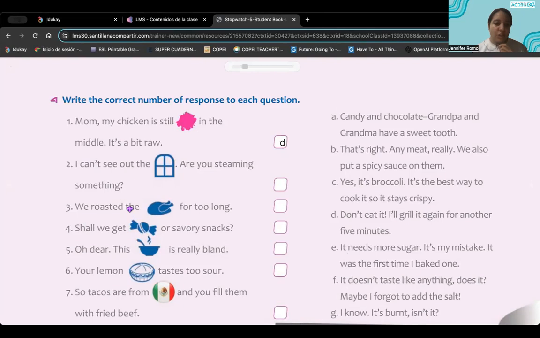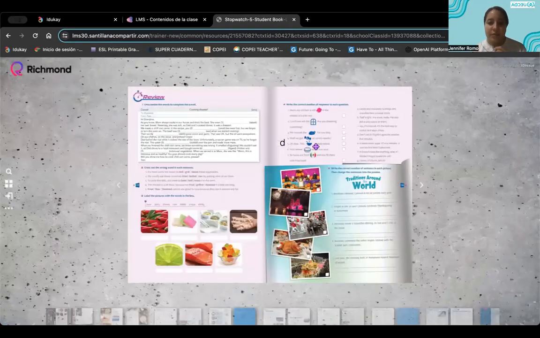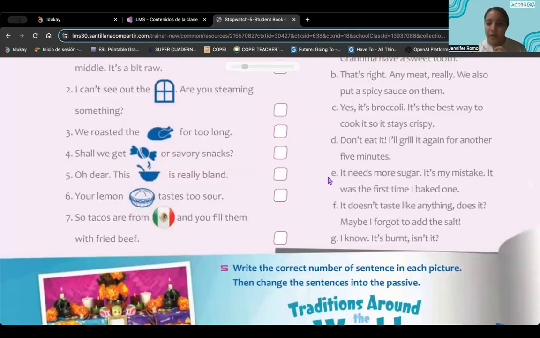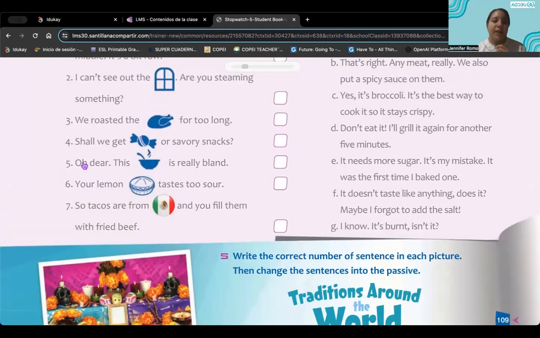Then we have, shall we get candy or savory snacks? Deberíamos nosotros tener o obtener caramelos o algún snack salado. Okay, you can add the correct answer. Okay, then we have, oh dear, this soup is really bland. Oh, querida, esta sopa es muy insípida.